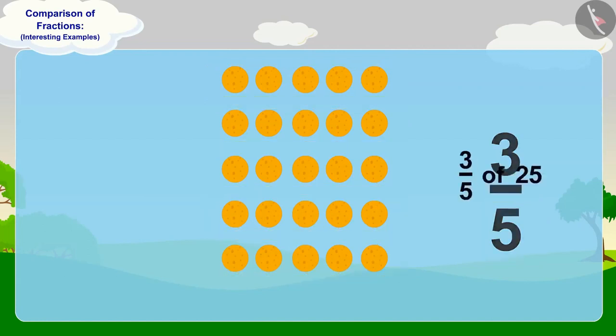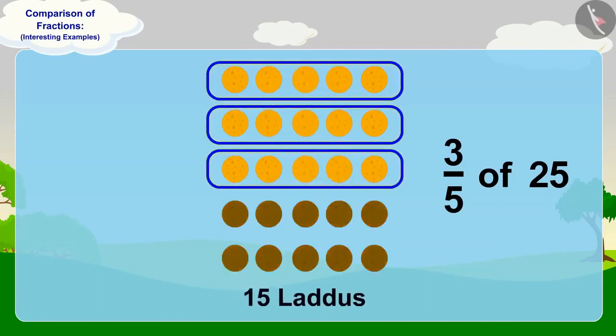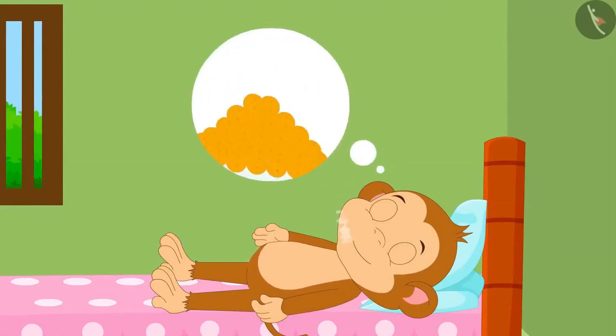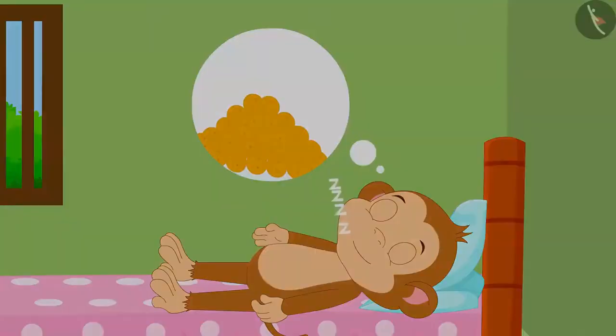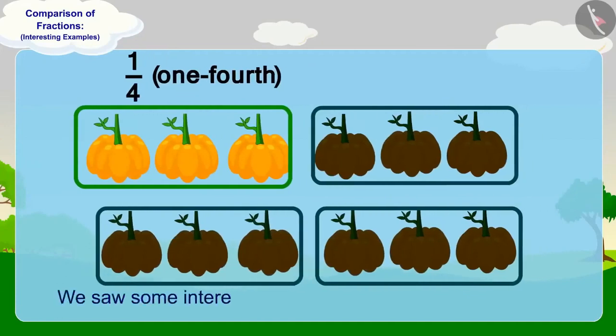In this way, 3/5 of 25 laddus are 15 laddus. Babban fell asleep thinking about laddus. Children, in this video, we saw some interesting examples of comparing fractions.